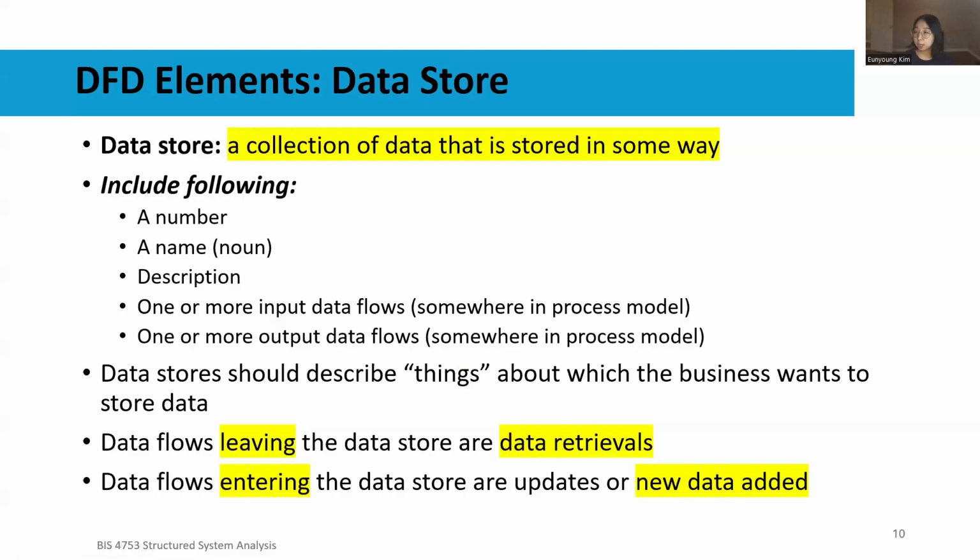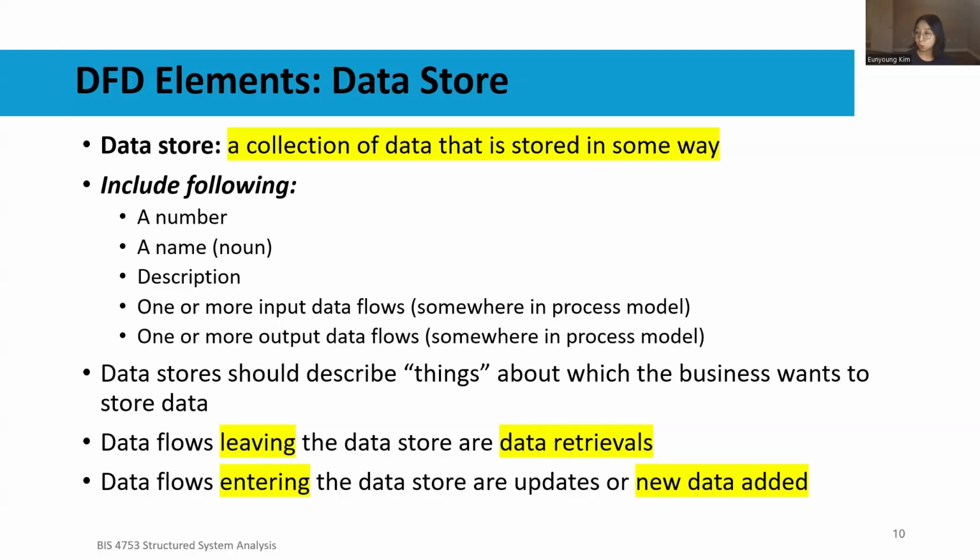The third element is the data store. The data that is produced should be recorded to our database, right? Because we want to use it for a certain purpose, for transactions or analytic purposes. So the data output will be saved into our data store. And this data store can be defined as a noun, like the data flow.